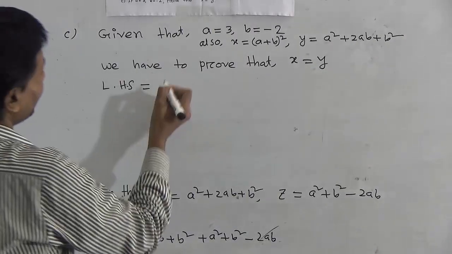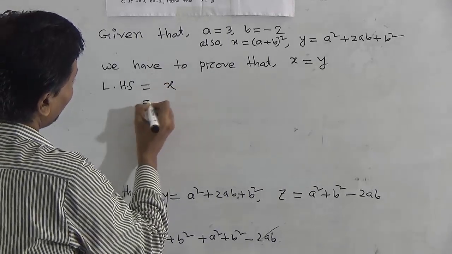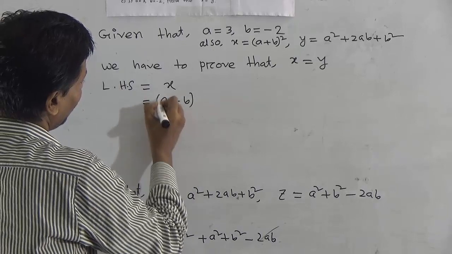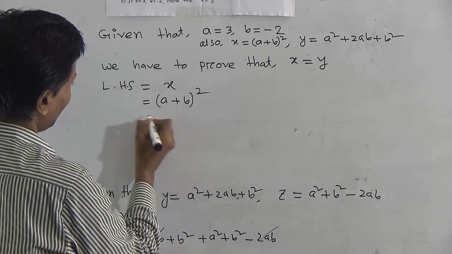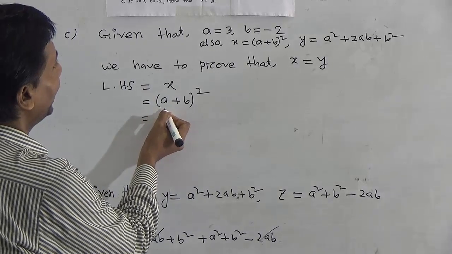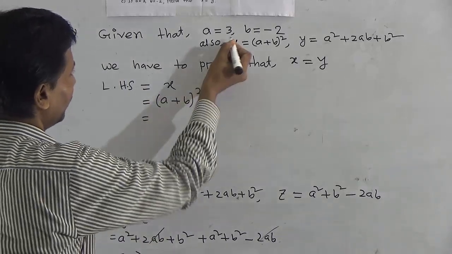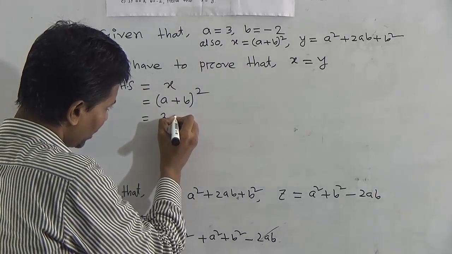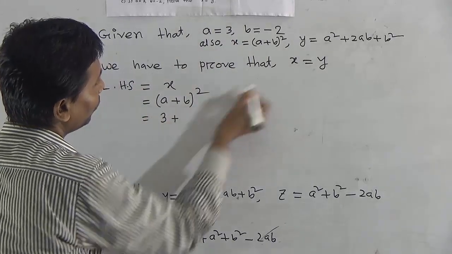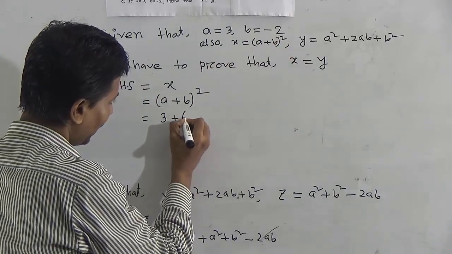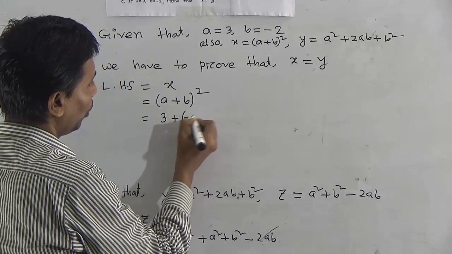Left hand side is x. Now put the value. x equal to what? (a plus b) whole square. Now you see here a equal to what? a equal to 3. Now put the value 3 plus, then see b equal to -2. So you give here first bracket and then write the value of 2.